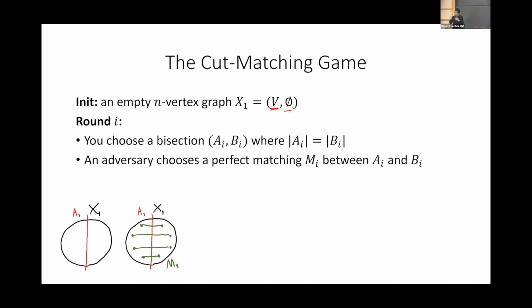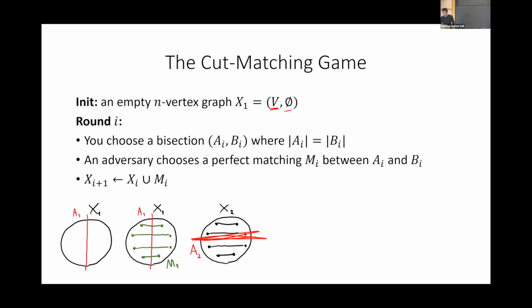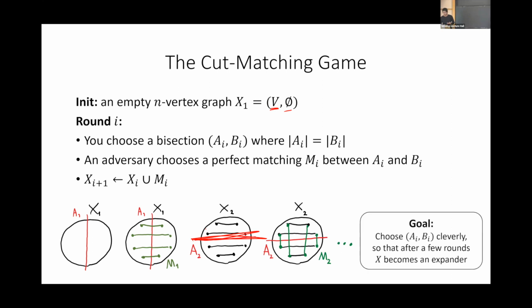And this matching can be adversarial; you have no control. After that, you add this matching into your graph, and then go to the next round, where you can choose the next bisection, and the adversary will add some perfect matching that you have no control over again, and this goes on.